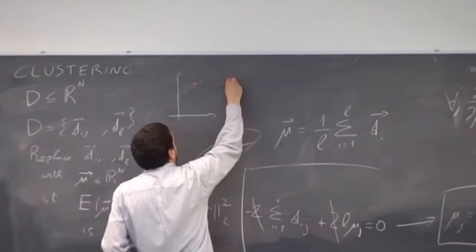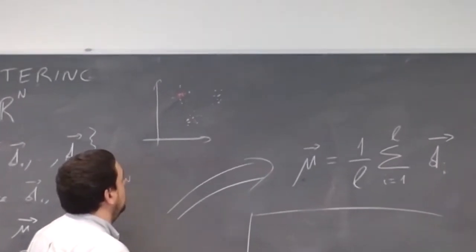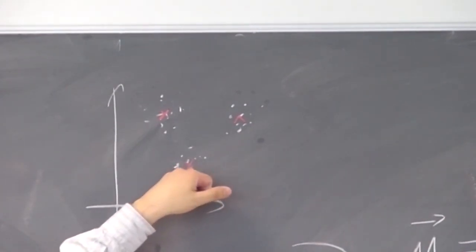What if we are trying to replace this with a set of representatives? So the idea is, suppose that we want to cluster, to divide our set D of elements into 3 parts. And we want to represent each of these parts with one single vector that best represents that part.